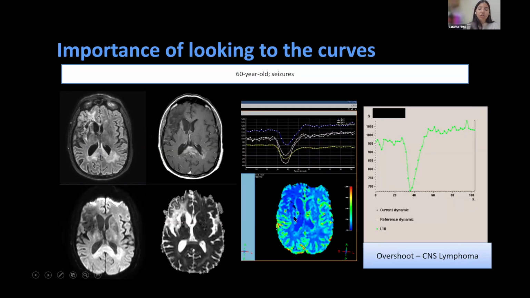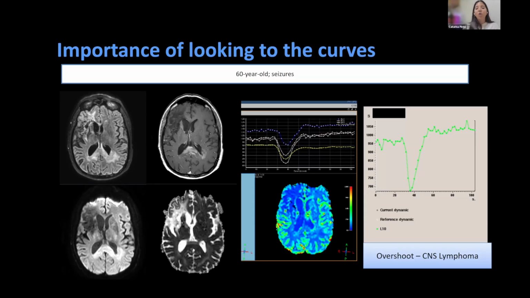The perfusion was negative on the color maps, but when we put the ROI and tried to understand the curve, we could see that this curve not only recovered all of the signal that we had at the baseline, but also had an overshoot. So the signal intensity recovers more than we had previously, and this is a classical case of overshoot in CNS lymphoma.